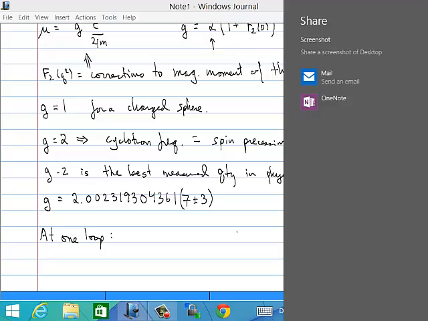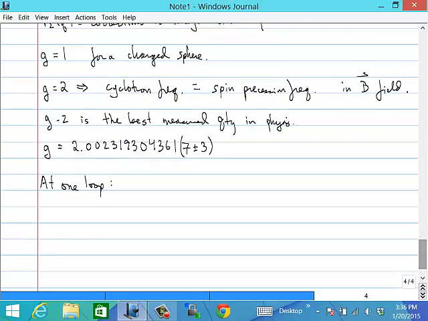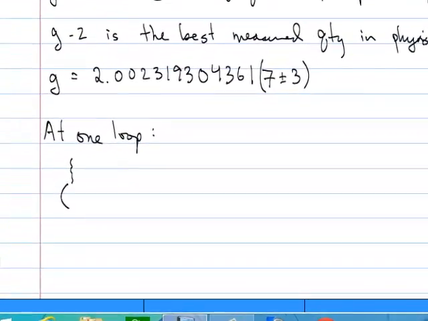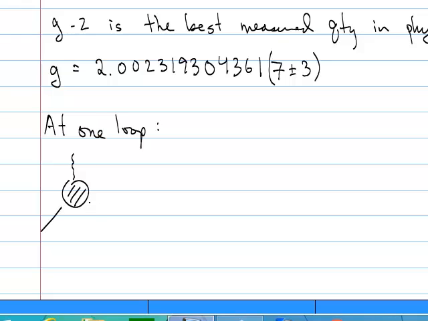Okay. So this is the set of diagrams that we're trying to compute. So at one loop, there are 4 diagrams that contribute to this. Sorry, I'm not showing that very well.